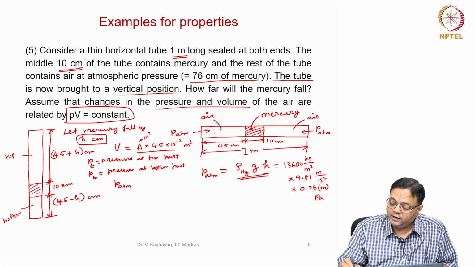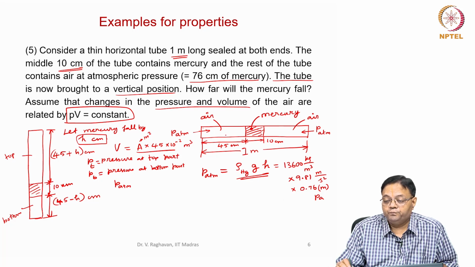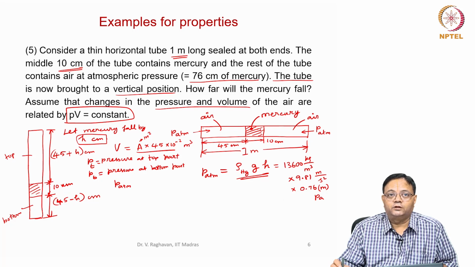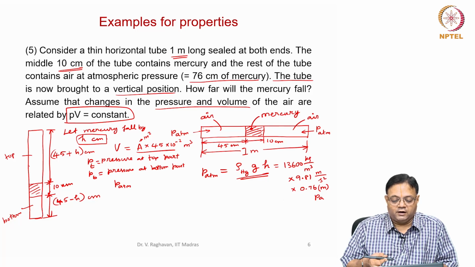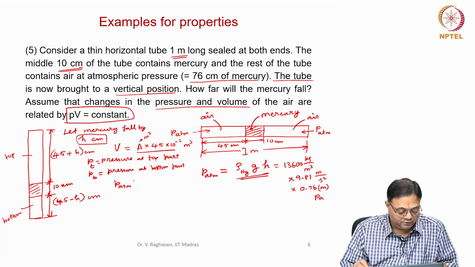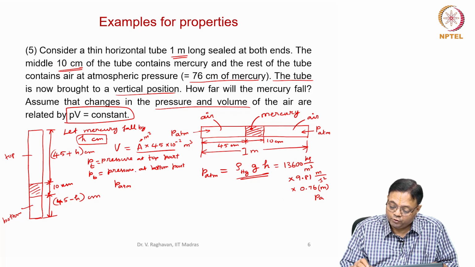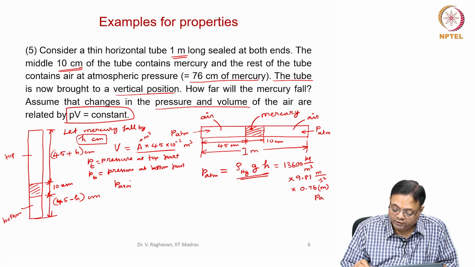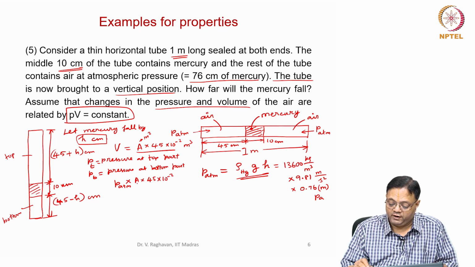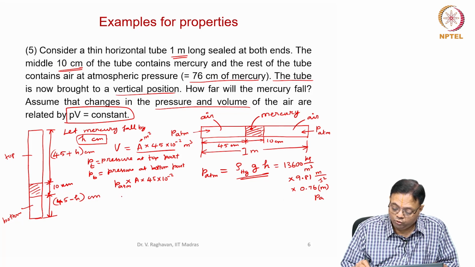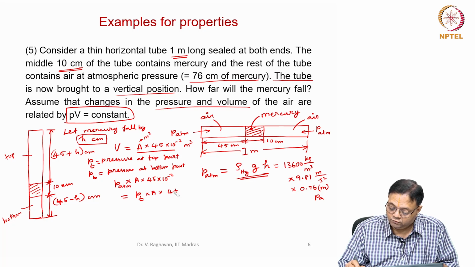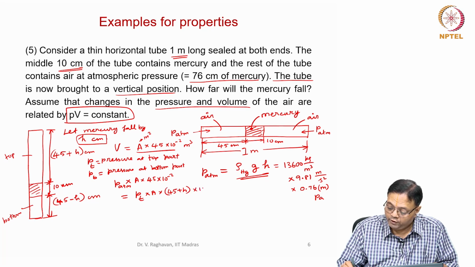First, the initial condition, pressure is atmospheric pressure in both air columns. Now after making it vertical, the pressure would have changed. So initially this will be pressure P atmosphere into A into 45 into 10 power minus 2, that will be PV. That will be equal to, for the top part, Pt into A into 45 plus h, the height of the column now, into 10 power minus 2.